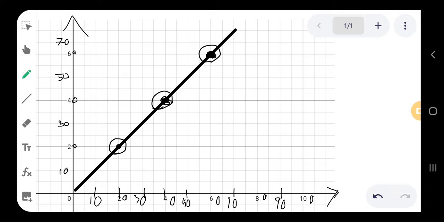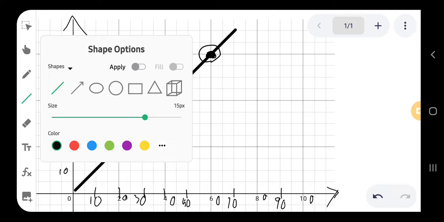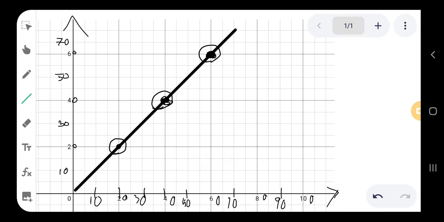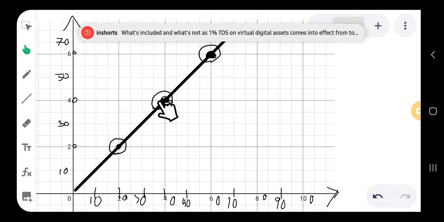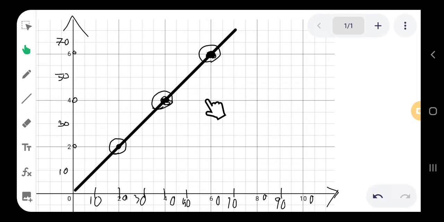So here what I'll do, from this point I'll make a straight line parallel to the x axis, and from this point I'll make a straight line parallel to the y axis.